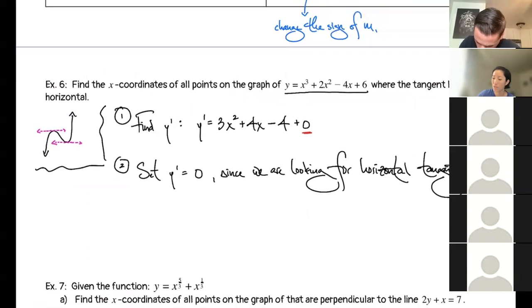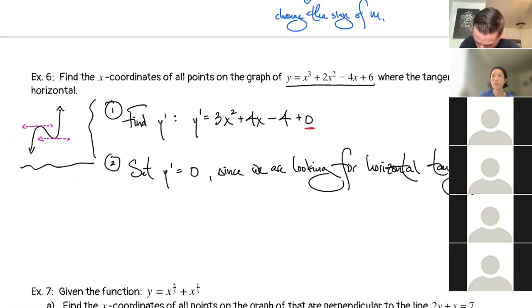Okay, so not just, yes, we're setting it equal to 0, but why are we doing it? Because we're looking for the horizontal tangents. And so we end up with 3x squared plus 4x minus 4 equals 0.